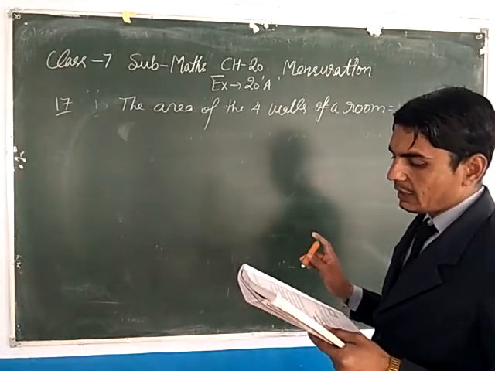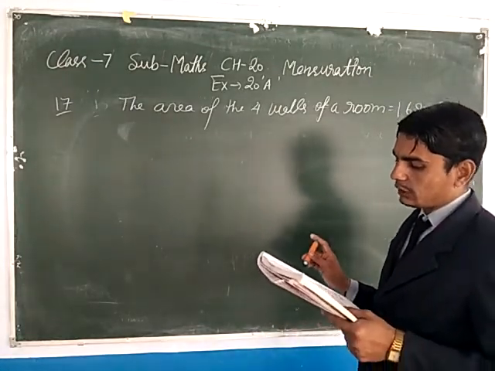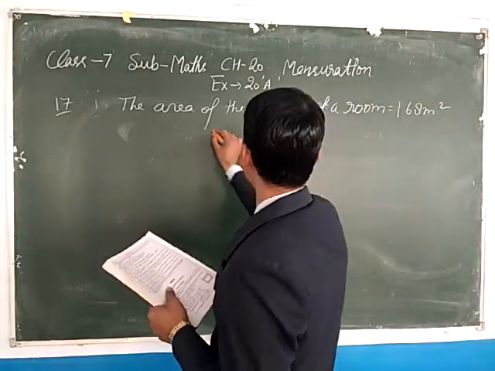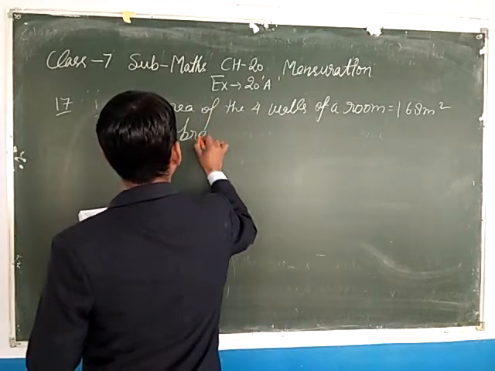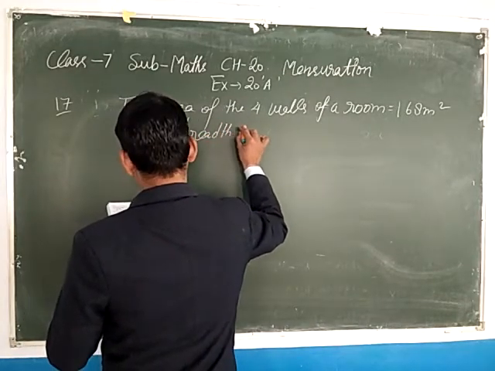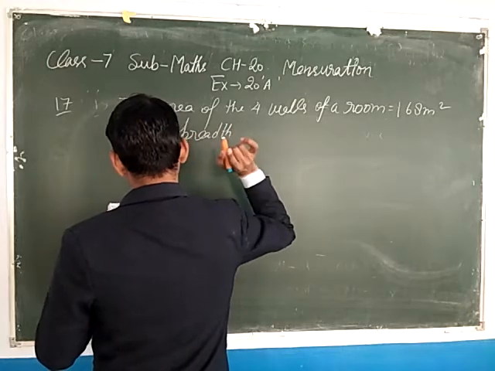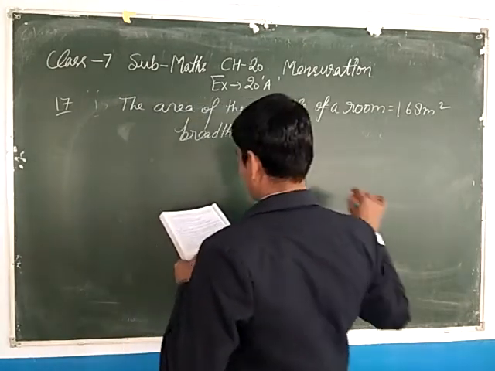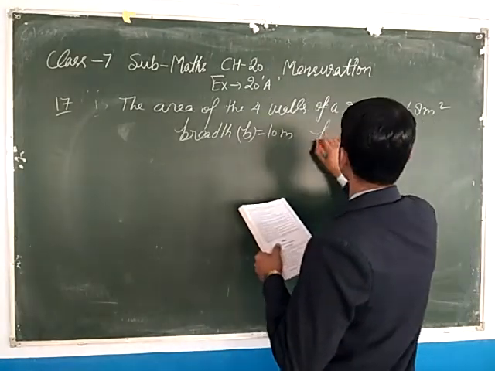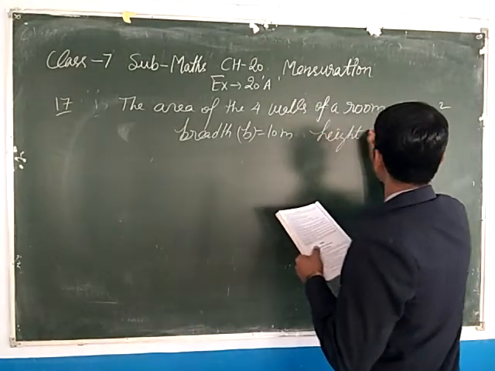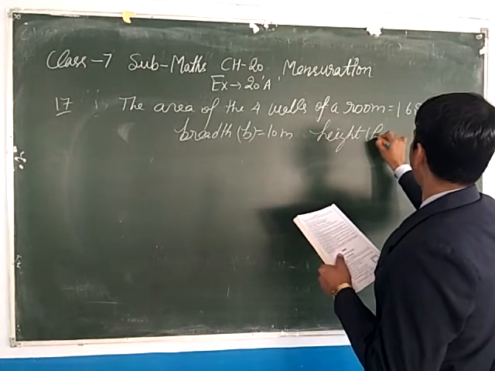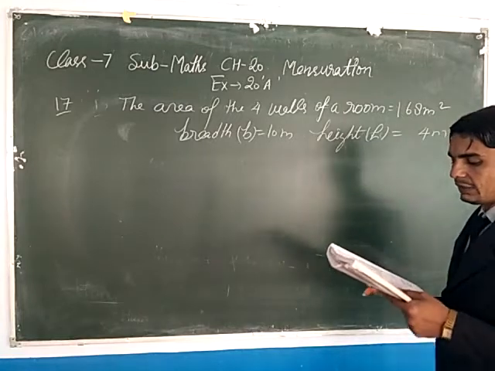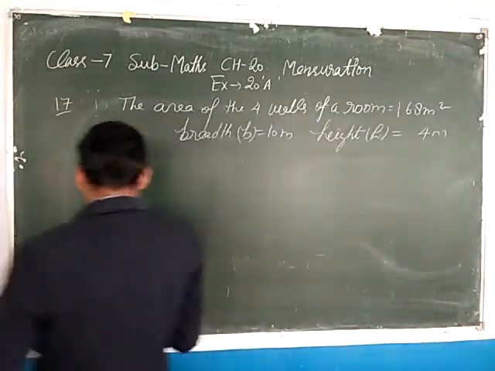Now the width and height of the room are 10 meter and 4 meter. So width means breadth, and breadth is 10 meter. So b is 10 meter. As it is, height means h, and h is 4 meter. Okay beta? Then find the length of the room.